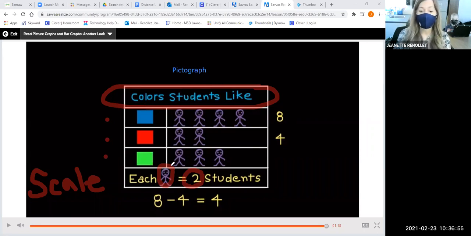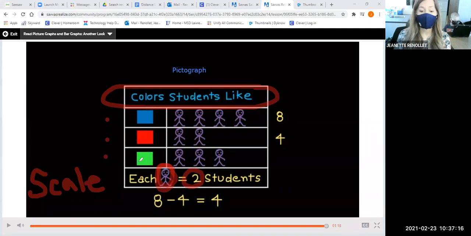In 3rd grade, we will talk about other graphs that have a scale different than 1. We skip count by 2s in order to understand this graph. This is different than 2nd grade.